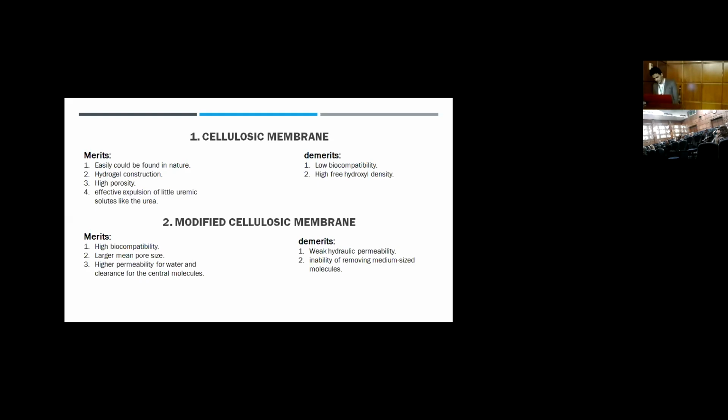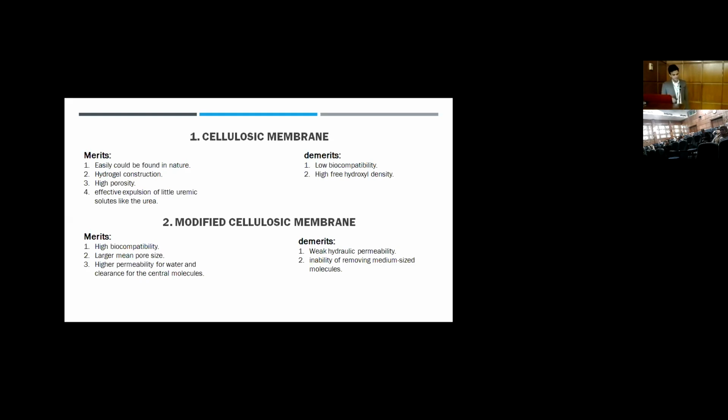After that, in the meantime, researchers are focusing on reducing the usage of fresh water in hemodialysis, and also on getting rid of the disadvantages of the synthetic membranes.